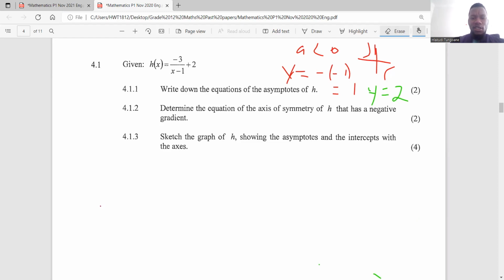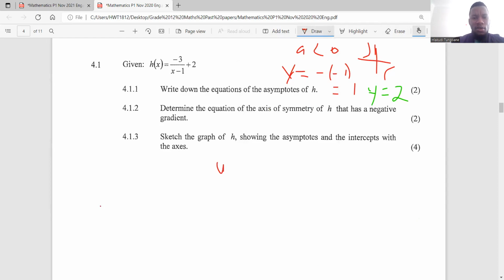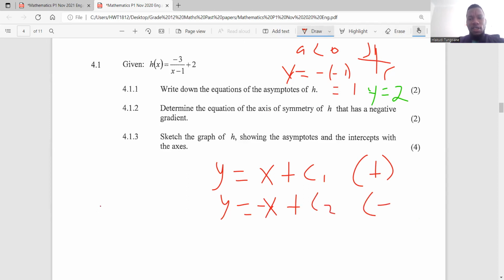So you can have y equals x plus c1, which is the one with the positive gradient, or y equals minus x plus c2, which is the one with the negative gradient.